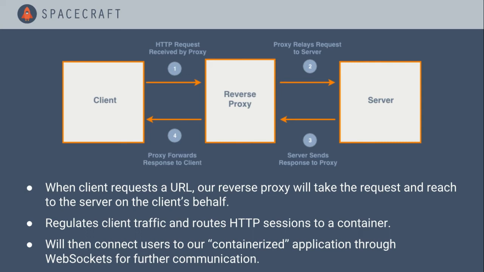Once that's done, the server is going to send a response back to the proxy, and then the proxy forwards the response back. So when the client requests a URL, the reverse proxy will take the request and reach the server on the client's behalf. It regulates client traffic and routes HTTP sessions to the container, and then we can connect users to a containerized application through WebSockets for further communication.